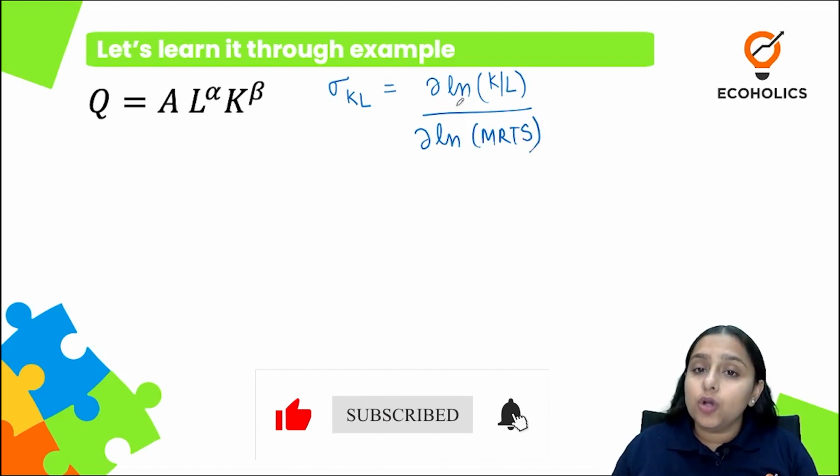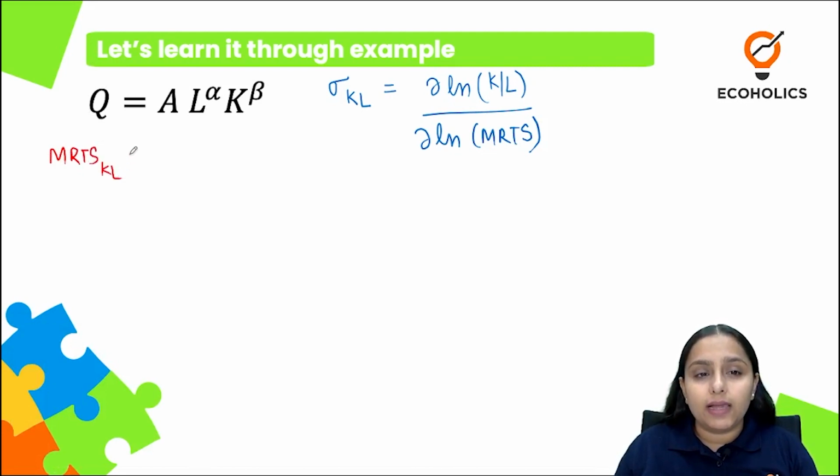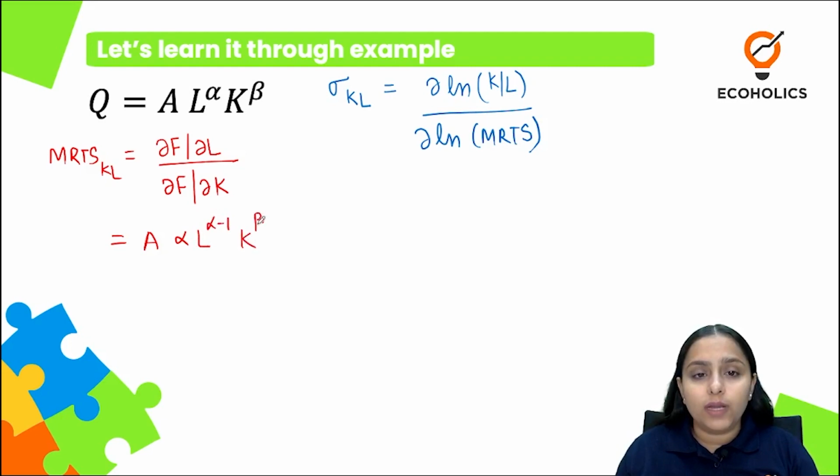Now, this log basically represents the percentage change here. So how will we go about it? First we will find MRTS between K and L, which is equivalent to the partial derivative of the production function with respect to L divided by the partial derivative of the production function with respect to K. Now, if I use the same trick here, I would get A into alpha, L raised to alpha minus 1, K raised to beta.